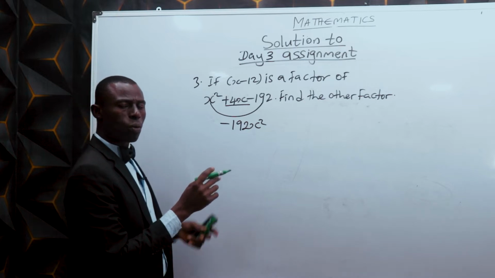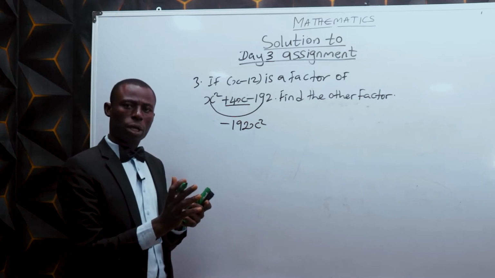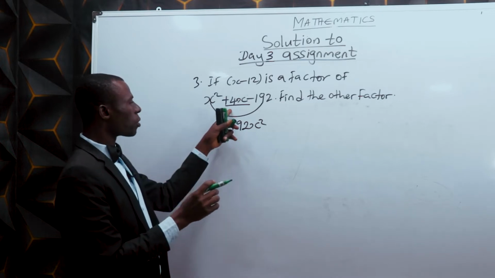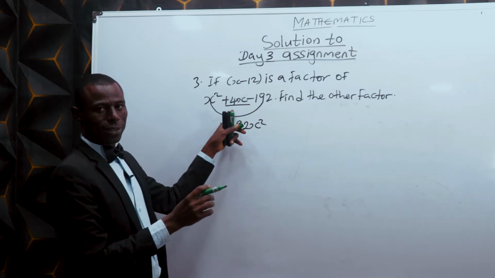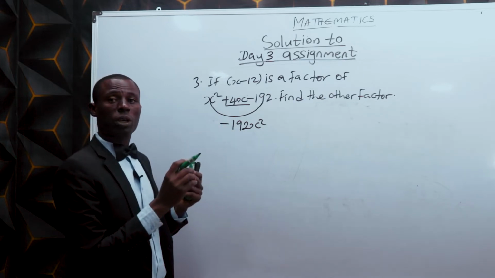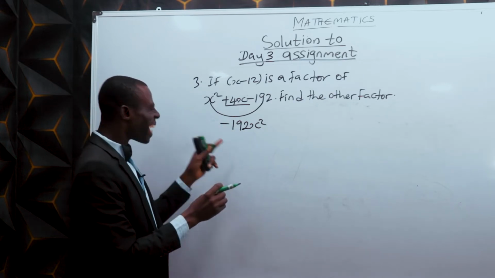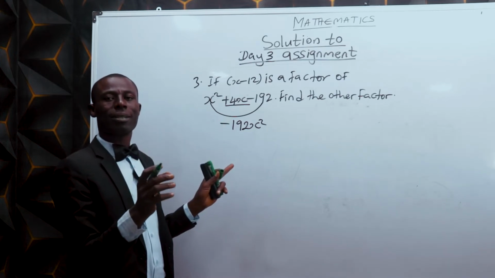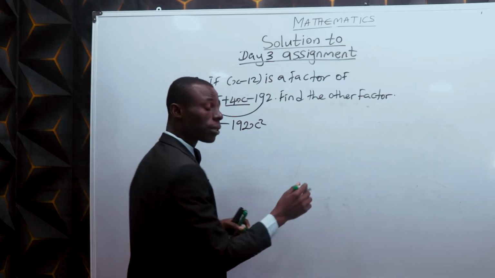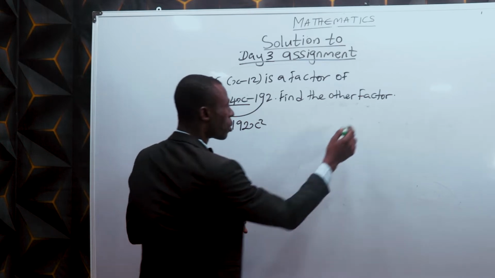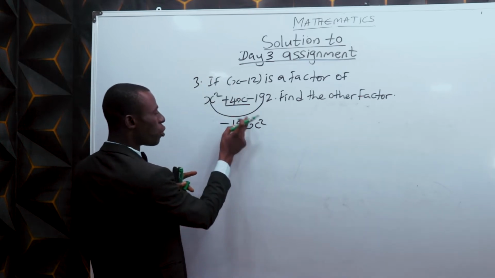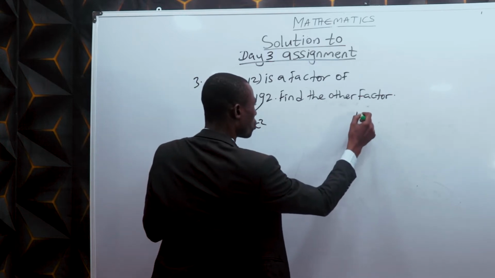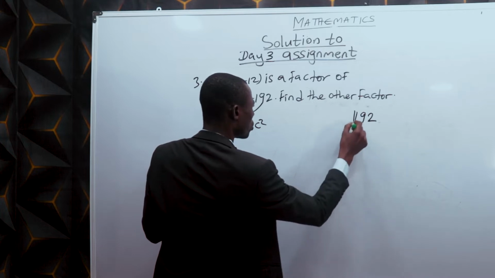In the middle term, we are looking for the two factors whose addition or subtraction will give us positive 4x, and whose multiplication will give us negative 192x squared. So let's go on in search of the two factors. Bring the absolute coefficient here, I mean without regarding sign, which is 192.